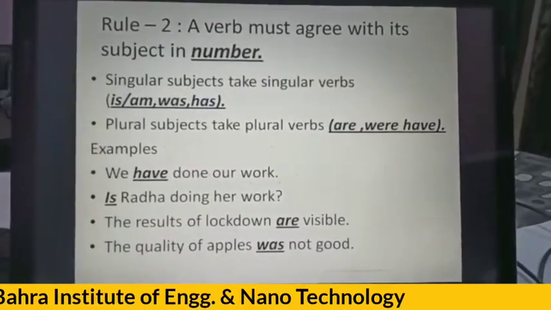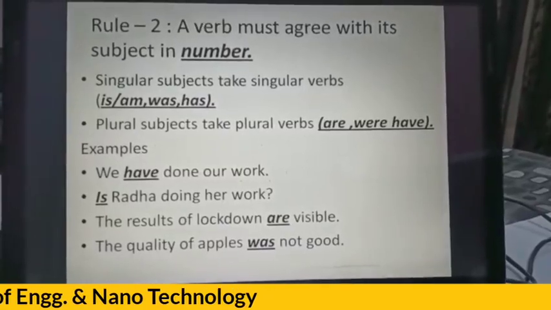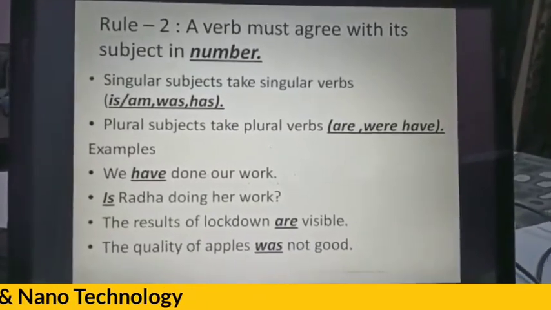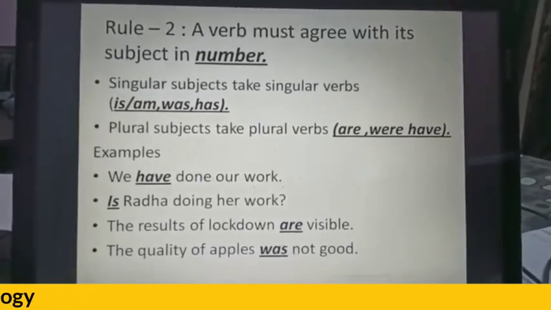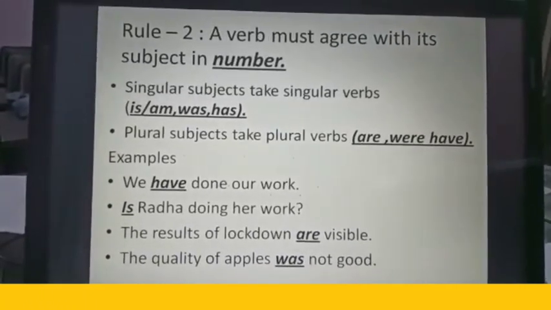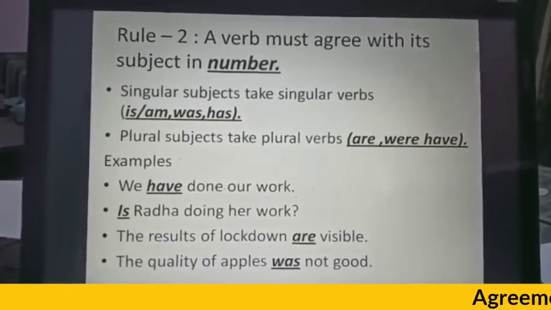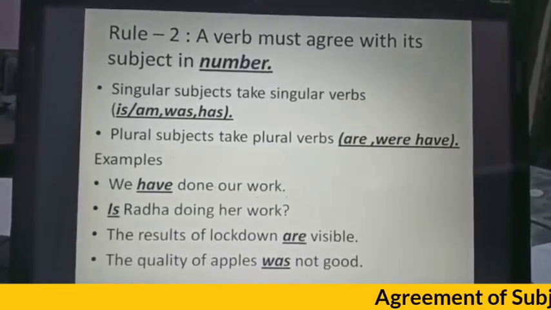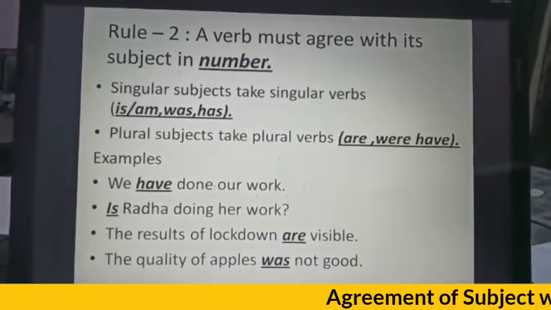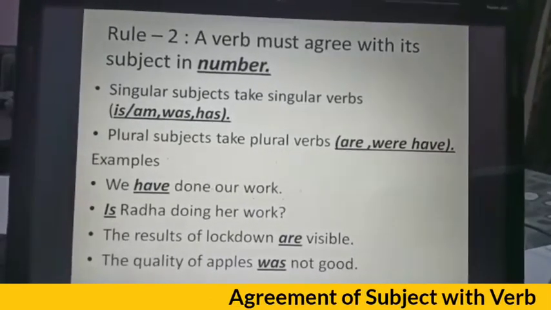Rule 2. A verb must agree with its subject in number. The fact which I have already shared with you is that singular subjects always agree with singular verbs, and plural subjects always agree with plural verbs. So it is very much clear that with he, she, it and all other singular nouns and pronouns and subjects, we always use singular verbs like is, was and has.